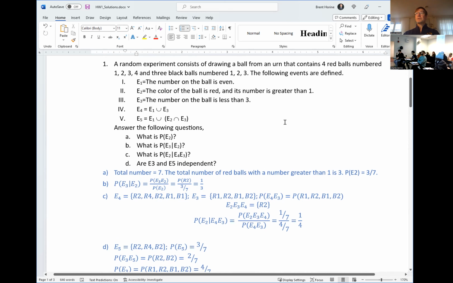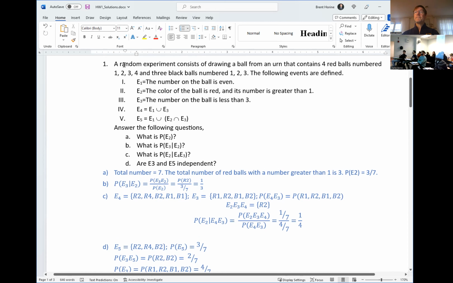Well, let's look at all the events. There's 7 different events, because there's 7 different balls. We're doing one draw, so what is the probability of E2, that the color of the ball is red and its number is greater than 1? Well, just count them up, right?